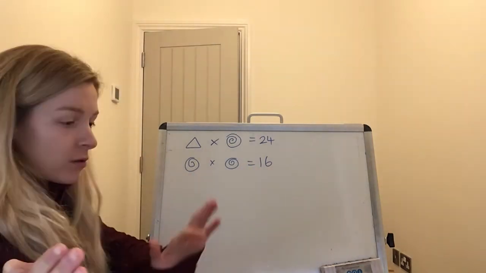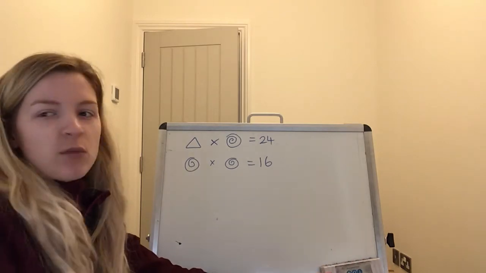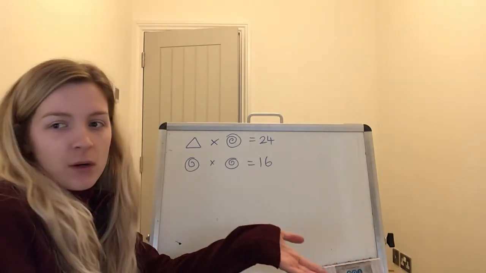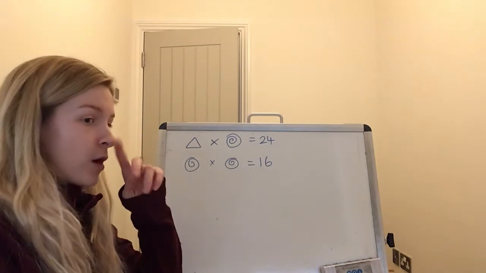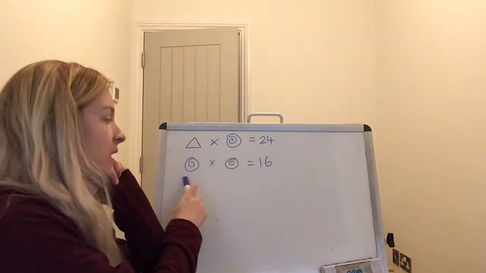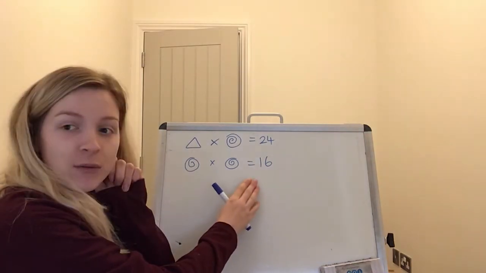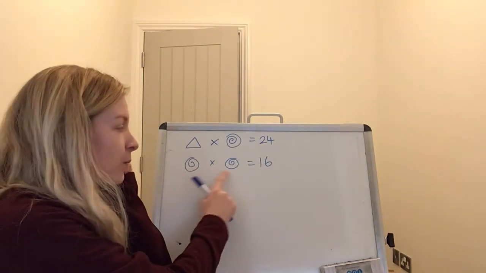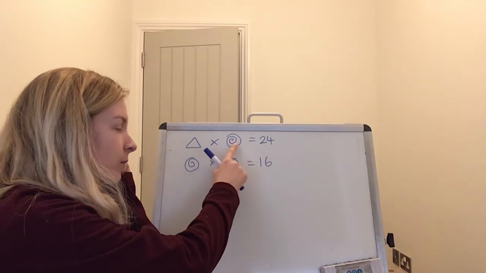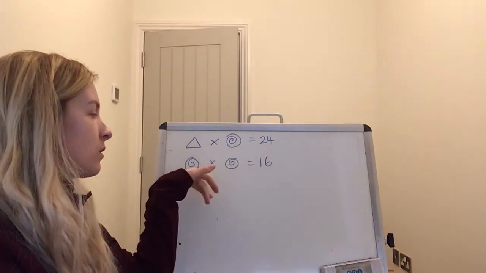You might say, okay, I'm just going to try some times tables and see if it works. You could do that. But I would think that this second one here is a little easier to figure out to start with, okay? Because if we find out what these spirals are, we'll find out what this one is.